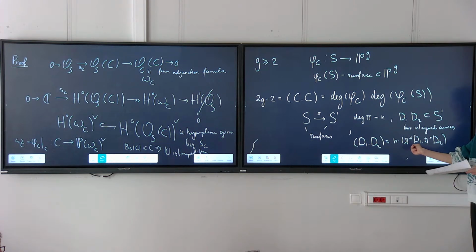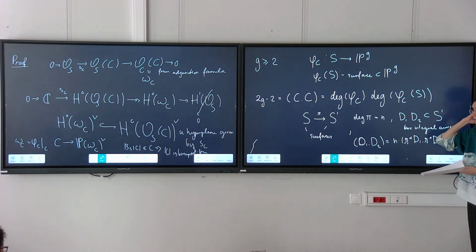Is this statement clear? Just in case, if D2, for example, is the ramified locus, does this still hold true?